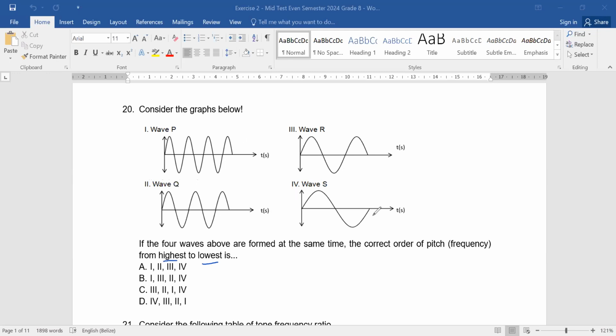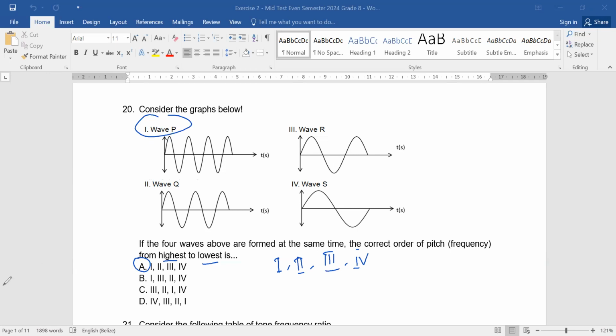So if you can see here, the one that has more waves is wave P, which has the most waves in the certain time given here. So the one with the highest frequency is supposed to be 1. After that, the second one is wave Q, or 2, because it has 2.5 waves. And then the next one is 3, because 3 has 1.5 waves. And then the last one is wave S, because it has 1 wave. So the answer is 1, 2, 3, 4. So it's already in order. So that's question number 20.